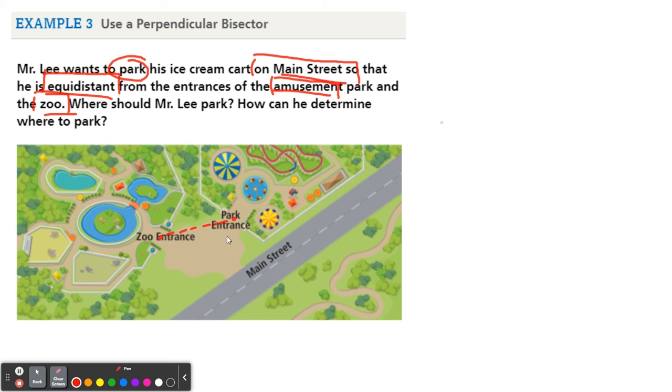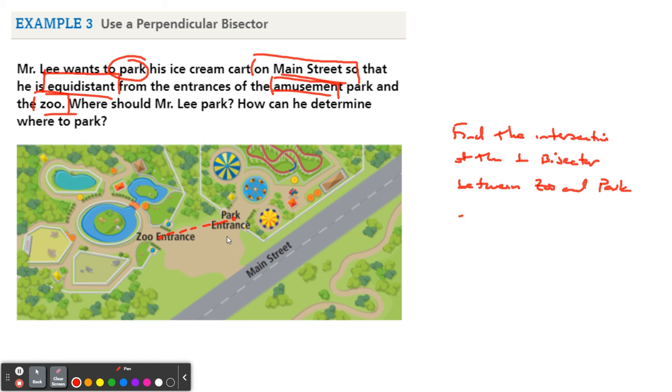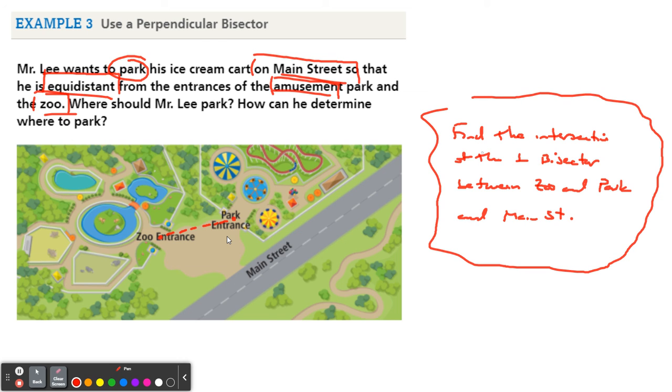So basically what we're going to do is we're going to find the intersection of the perpendicular bisector between Zoo and Park and Main Street.